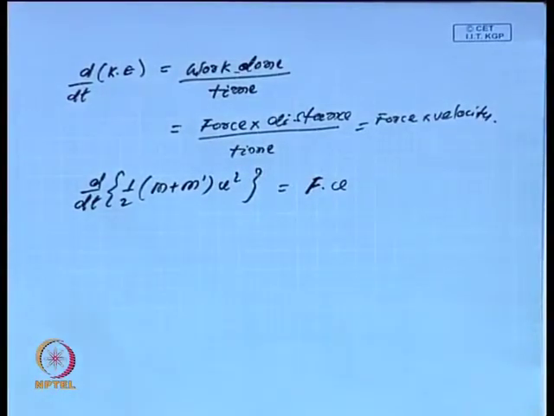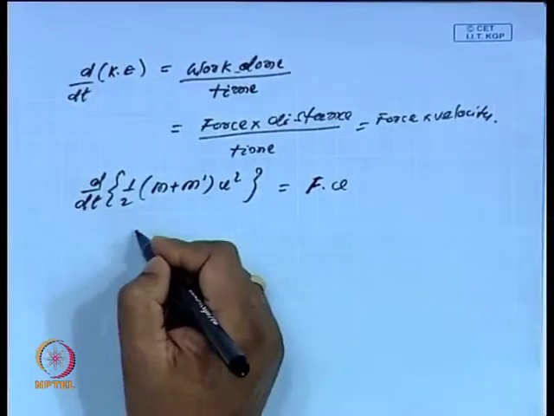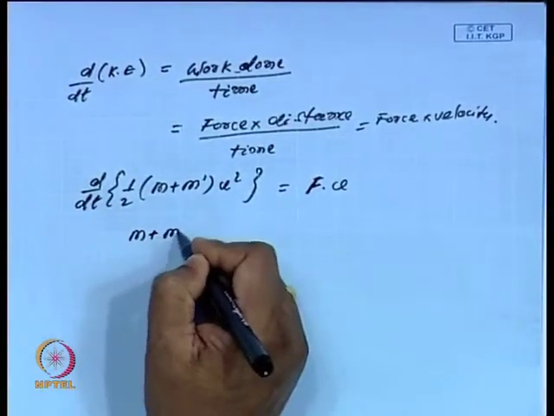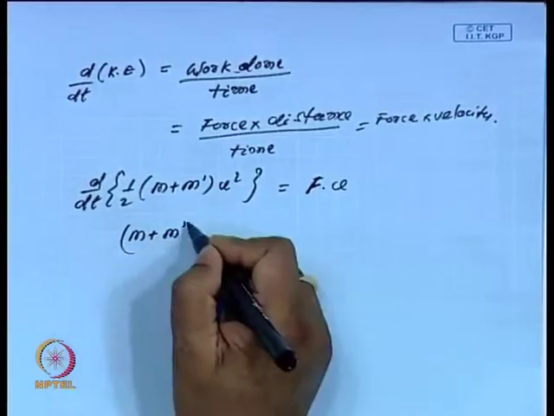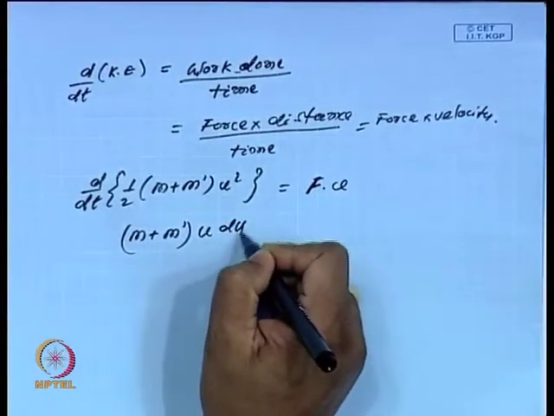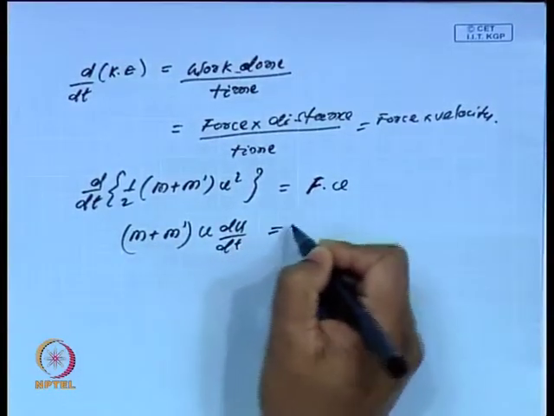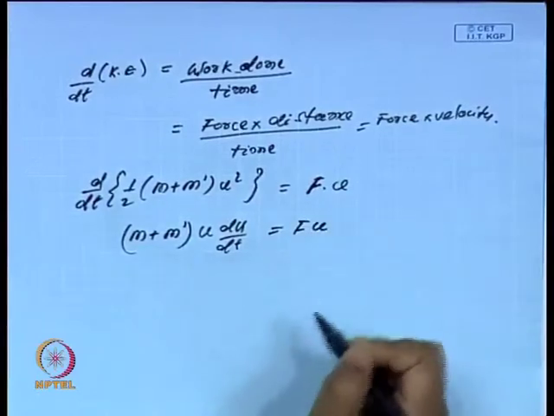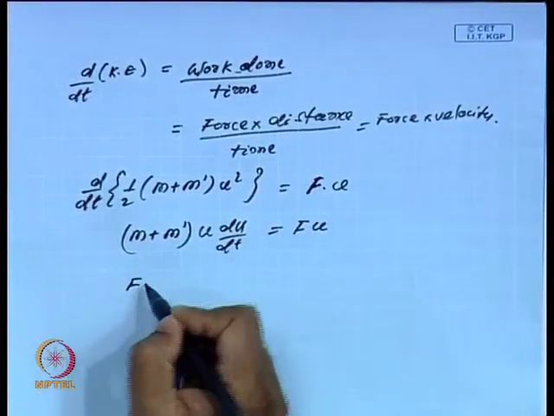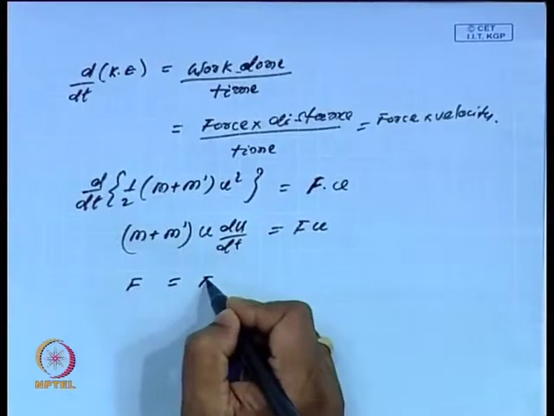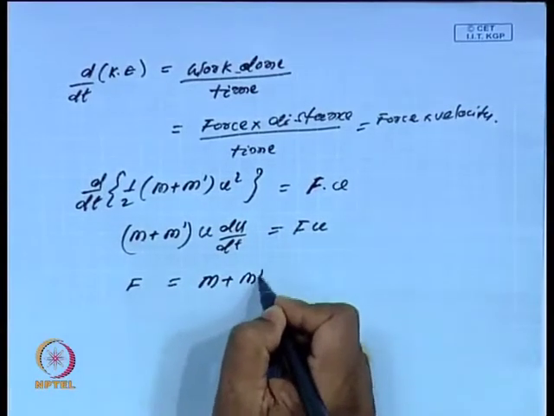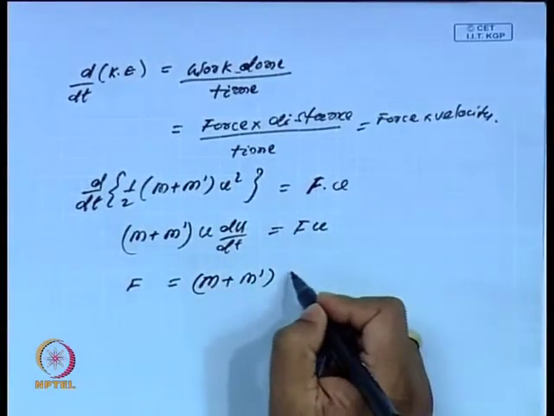So I simplify this and get m plus m prime into u du by dt, equal to F into u, and that gives me F as m plus m prime into du by dt.